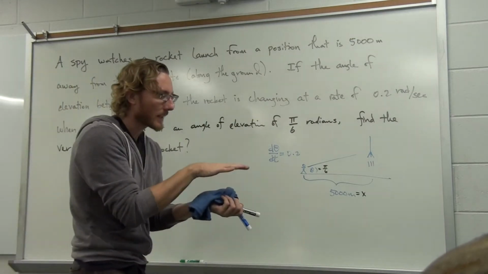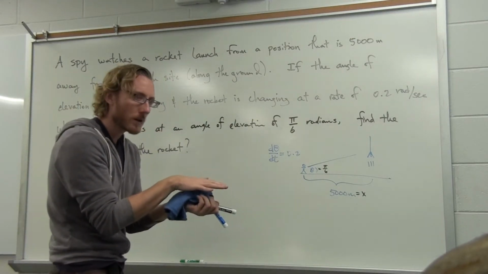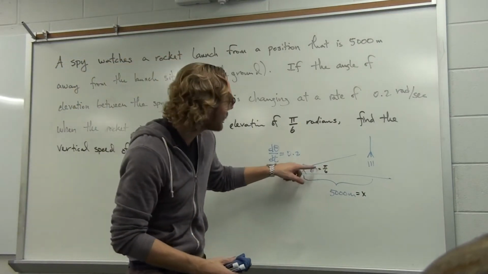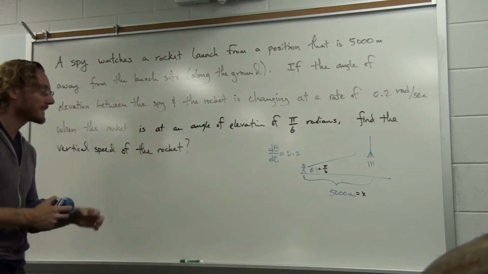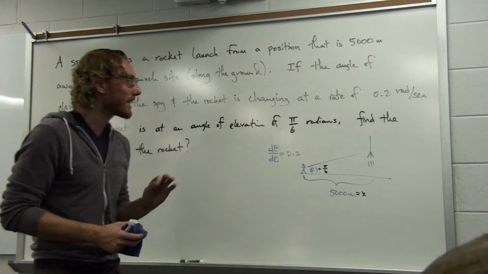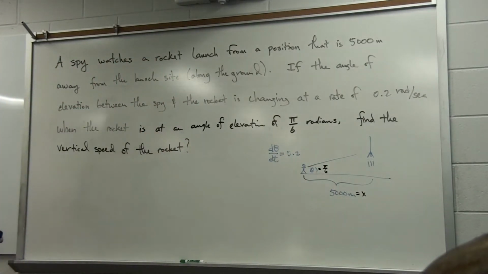Maybe when the rocket's getting off the launch pad, it's going fairly slowly, but then at some point it starts speeding up more. So at different angle measures, you might have different rates of change of your angle, but the speed at which your angle is changing is being measured precisely at this instant when the angle of elevation is pi over 6.